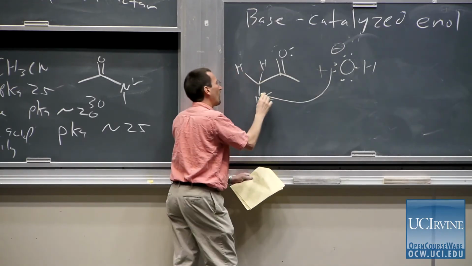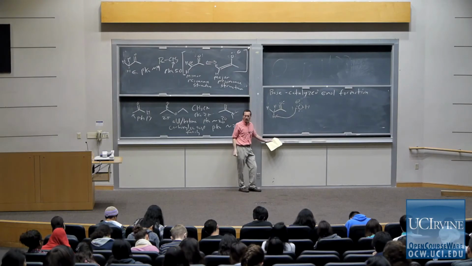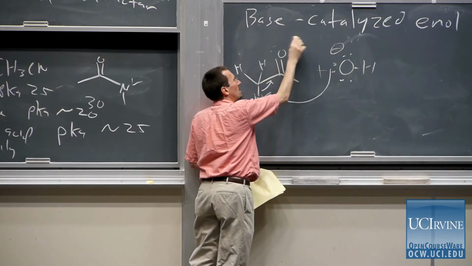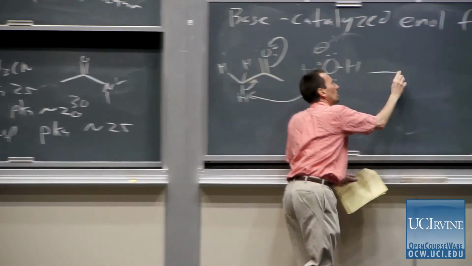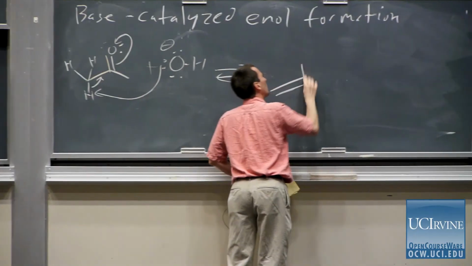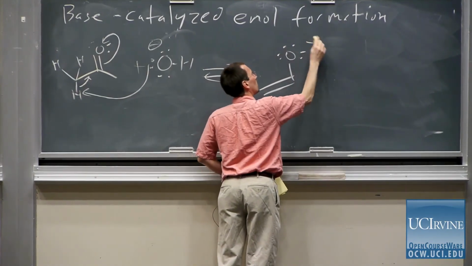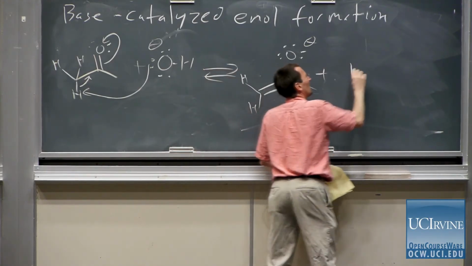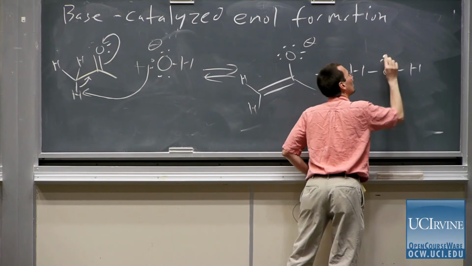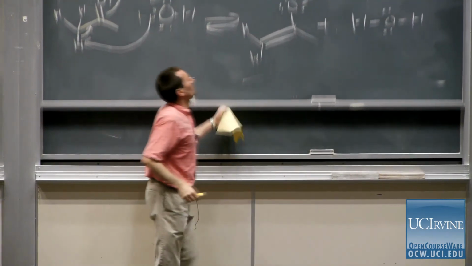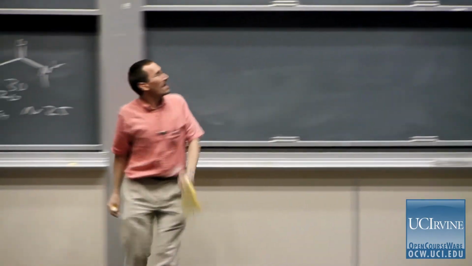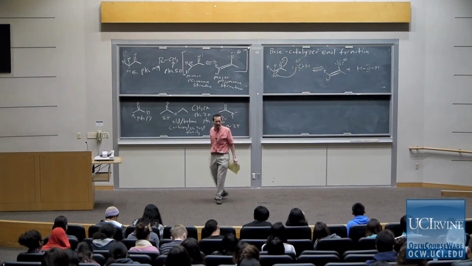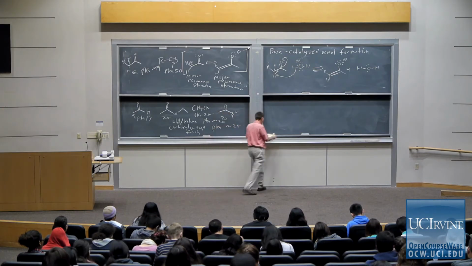We can pull off the alpha proton. The alpha proton is weakly acidic. Remember, a pKa of 20 is the number you want to keep in your head. So we have an equilibrium here with the enolate. But that equilibrium lies slightly away from the enolate, and so we can protonate.